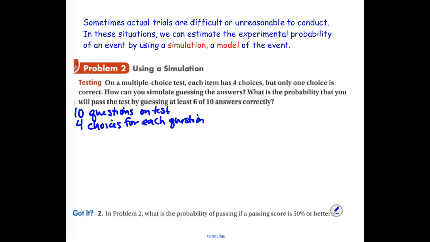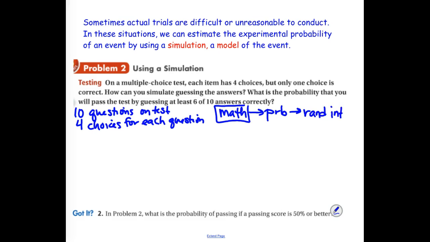But again, for each question, only one is correct. Yes? What we are going to do is have our calculator pretend to answer those 10 questions. Okay? Your graphing calculators can generate integers randomly. So we are going to go to our math key, scroll over to probability, and then choose random integer.